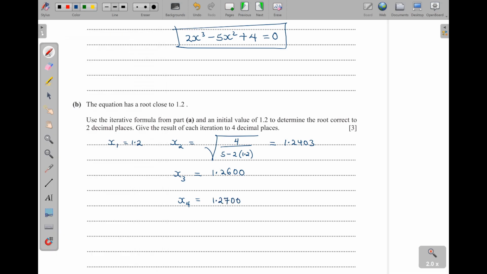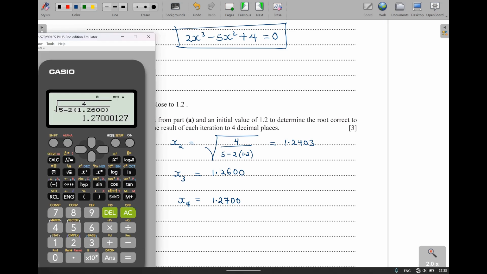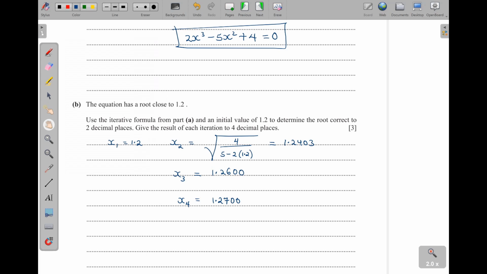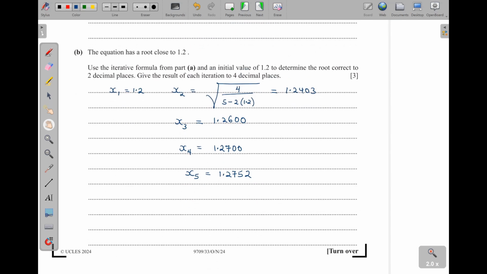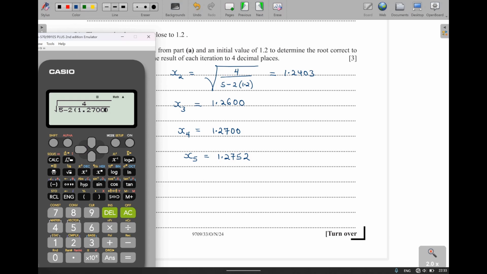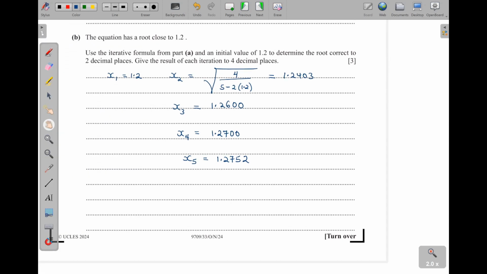Then we can proceed with 1.2700. That is 1.2752, so x5 is equal to 1.2752. Then the next one, come back here and you put 1.2752, and x6 is equal to 1.2779.